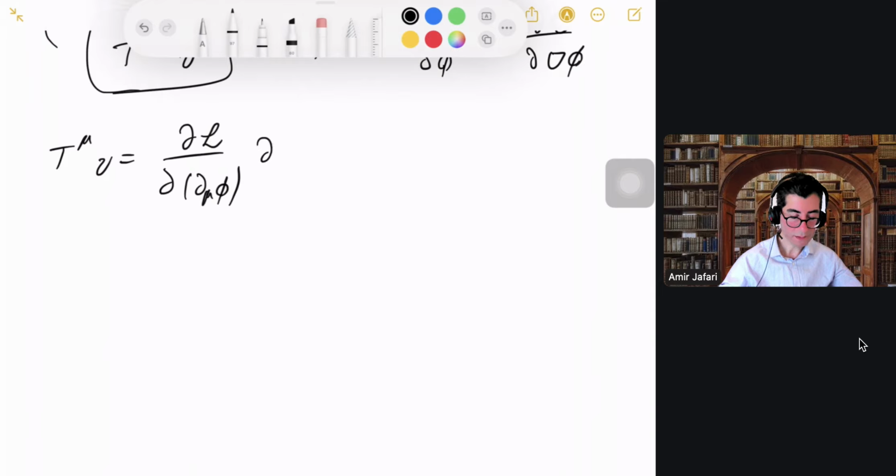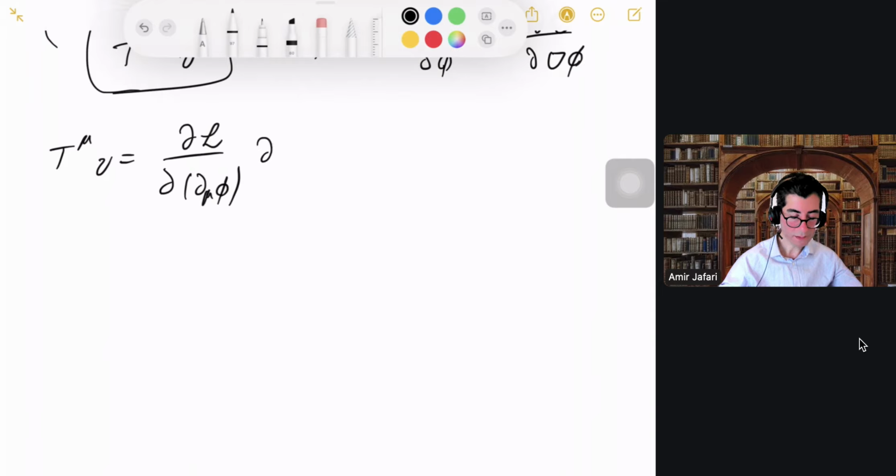Now, you might ask, well, is this a definition or what? Well, not really. You can get this by saying that the action from classical mechanics should be invariant under some space-time translation. So this comes from Noether's theorem.